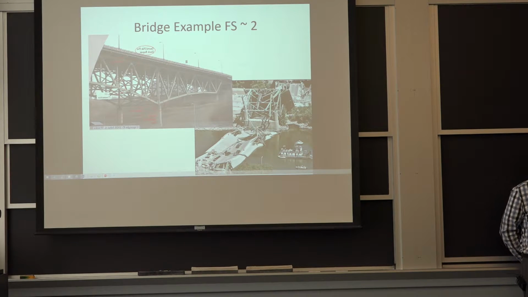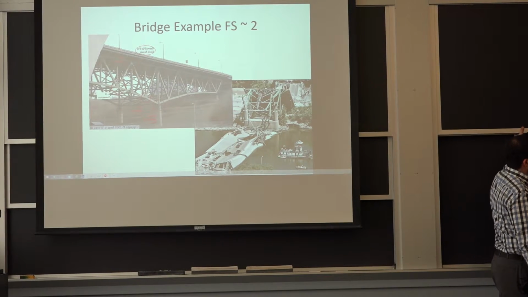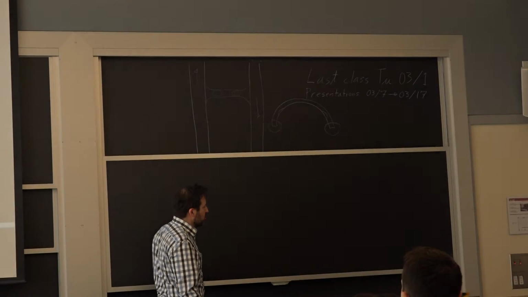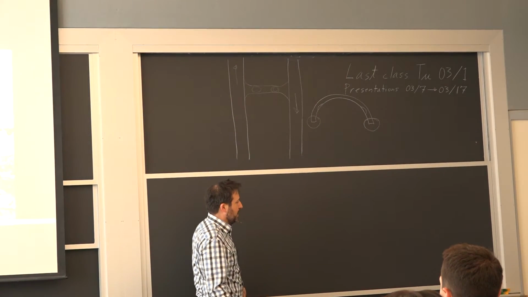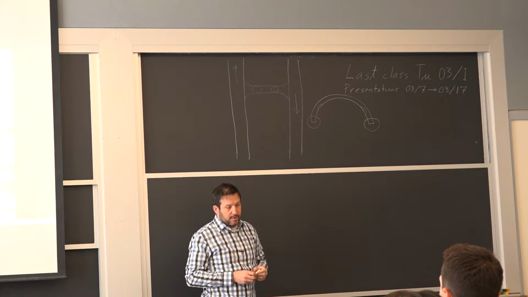So you have a lot of mangled steel at the bottom, and you can try to do your best to analyze it. One of the features of that bridge that's relevant to us is it was called a fracture critical bridge because it only had two main trusses to carry the load.